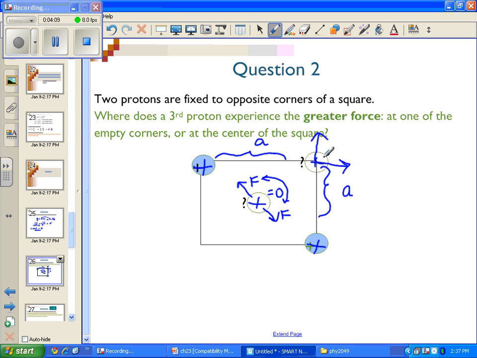When we add these two vector forces, we find that the net force is along the diagonal, at 45 degrees, and is not equal to 0. So yes, let's put a proton on the corner and it will certainly experience the greater force. Next problem.